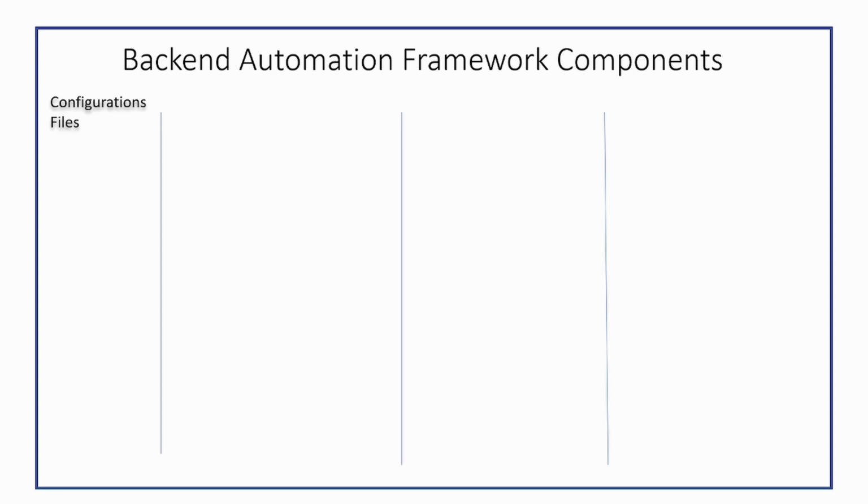First and foremost are the configuration files. Any automation framework has to have certain properties, and the first one is that the framework should be configurable. By configurable, I mean that if you want to run the same framework in different regions, it should have the flexibility to do so.